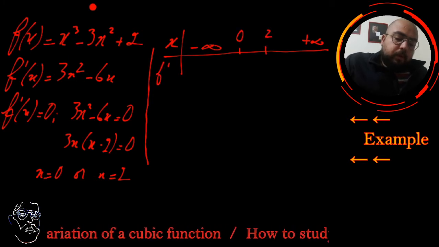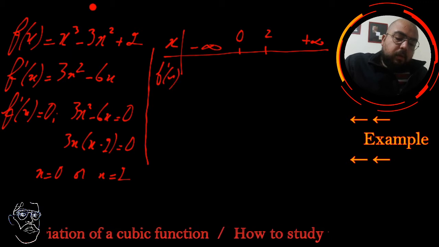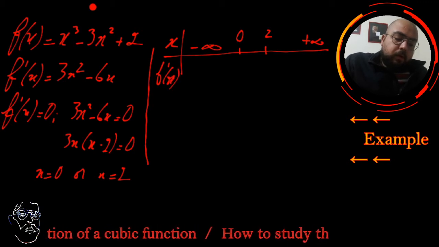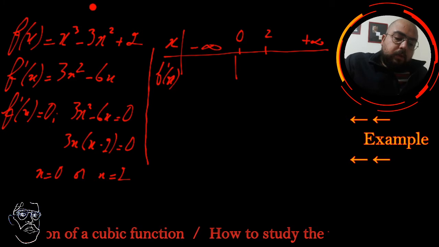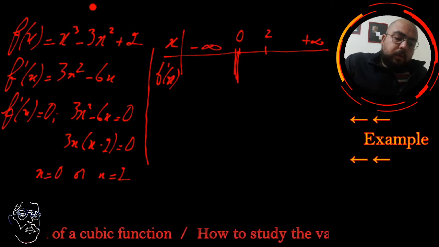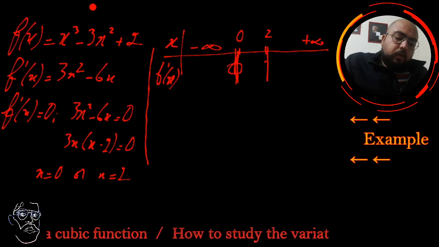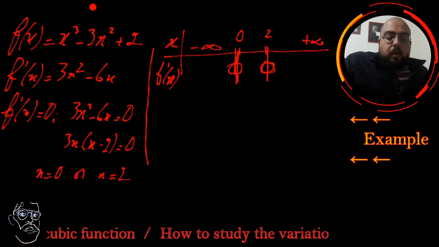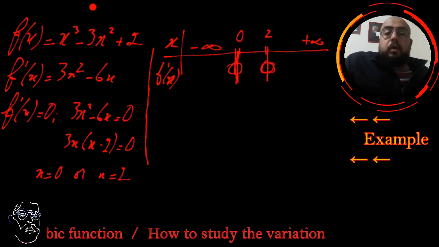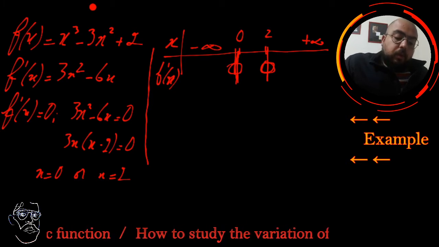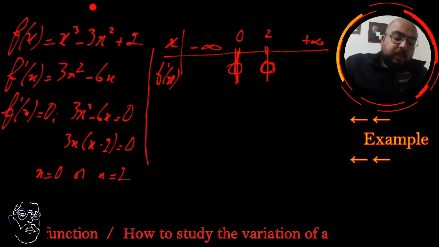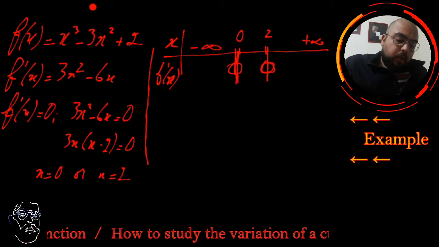F prime of x will be 0 in this case, and again 0 for 2. Between these two zeros, it will be the opposite sign of the coefficient a.